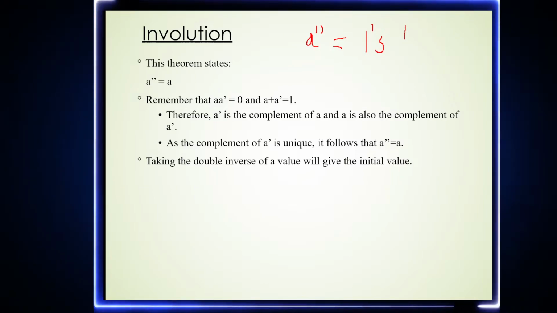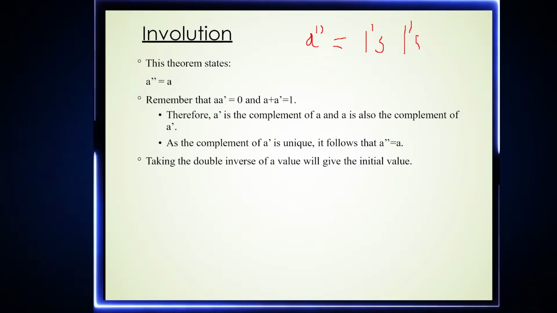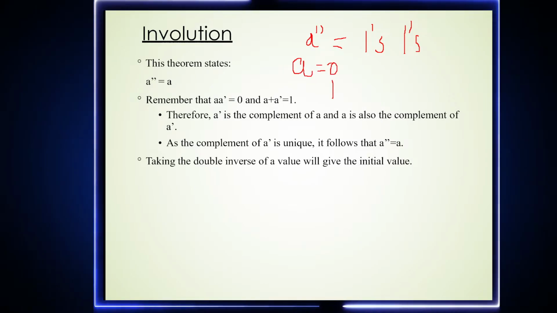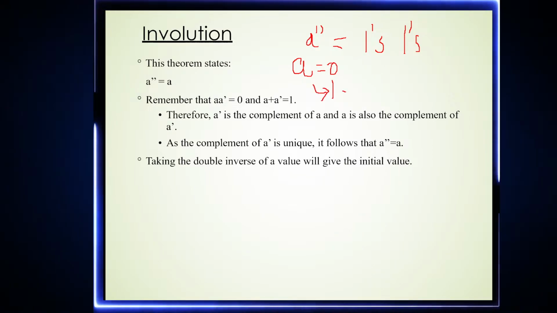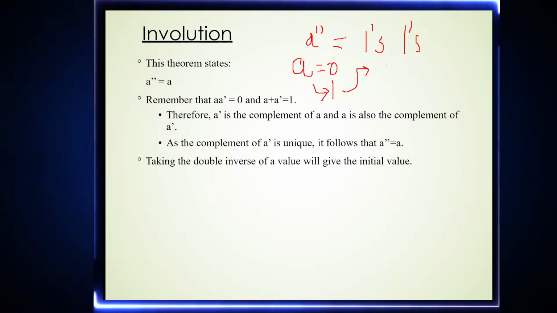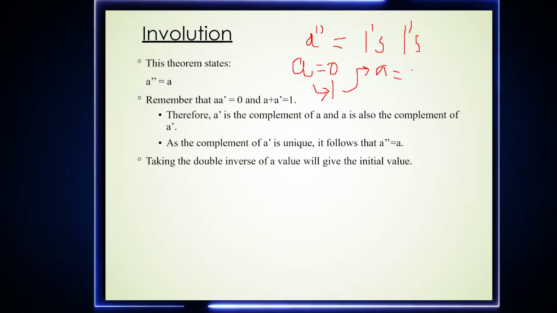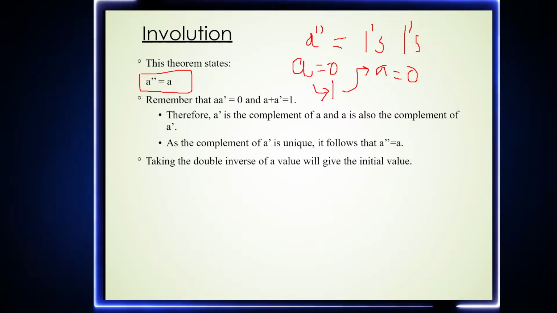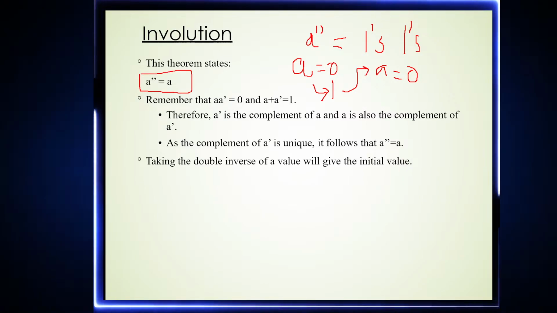So first, if A is equal to 0, what will be the 1's complement? It will be 1. Then the new value of A will be 1. Then take the 1's complement once again. That means A will again be equal to 0. That's why this is nothing but A double dash is equal to A.